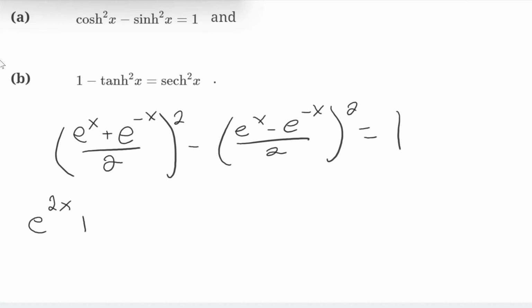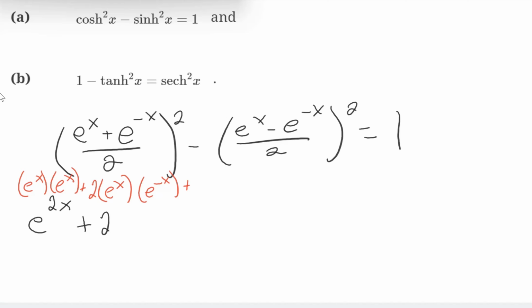And then we've got plus e to the x times e to the negative x, which is e to the 0, which is 1. So this is e to the x times e to the x. This is e to the x times e to the negative x, and it's 2 of those.